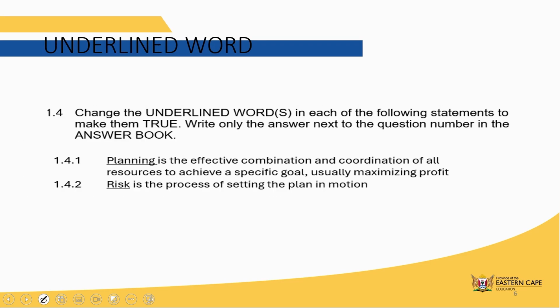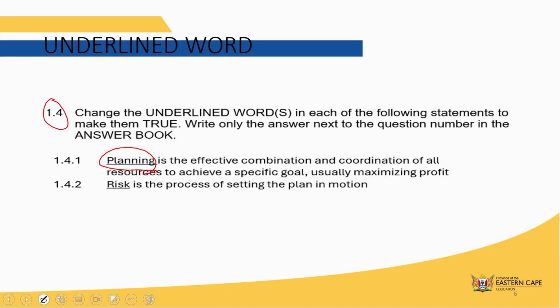And then we also have our 1.4. In 1.4, the same concepts are there, but are given as underlined words. You are given a term which is planning, but that planning must be replaced by the correct word. So it means that the statement with that underlined word is incorrect, but you are supposed to replace it with a correct term or concept.